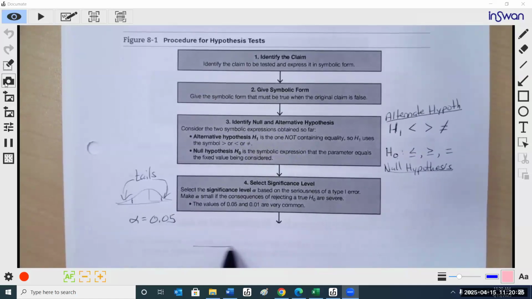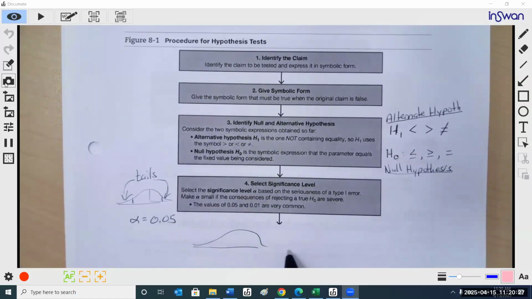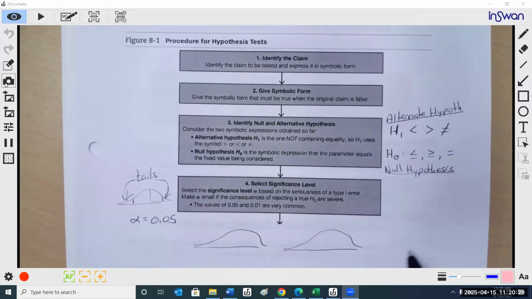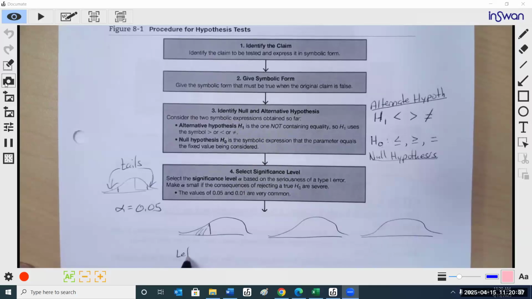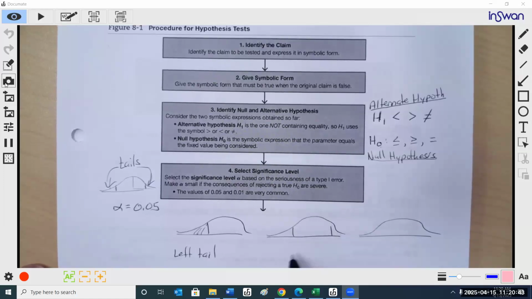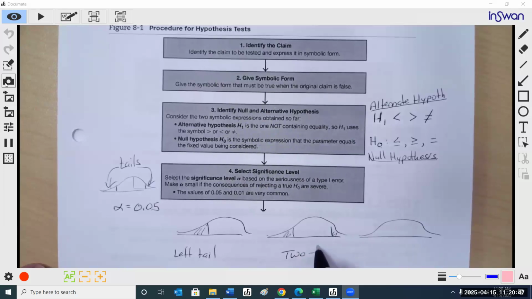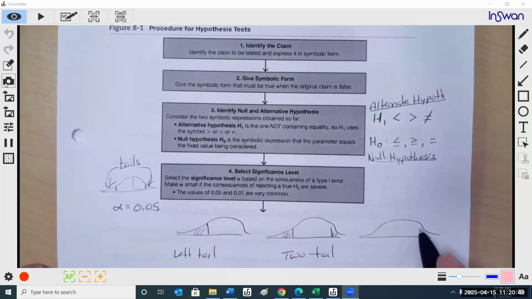We can have 3 different types. A left tail, a two tail, or a right tail.